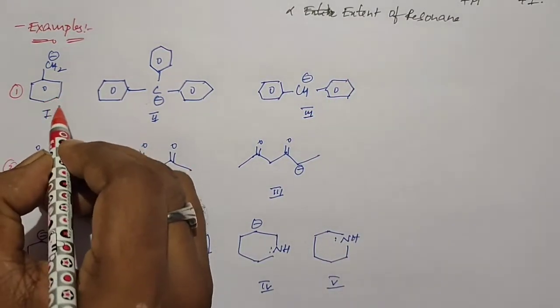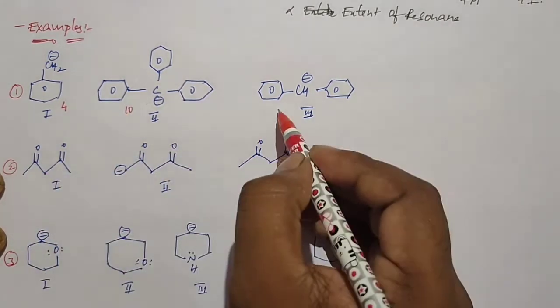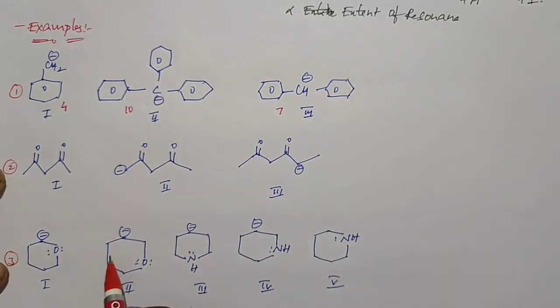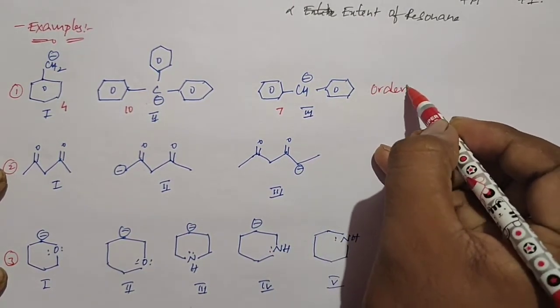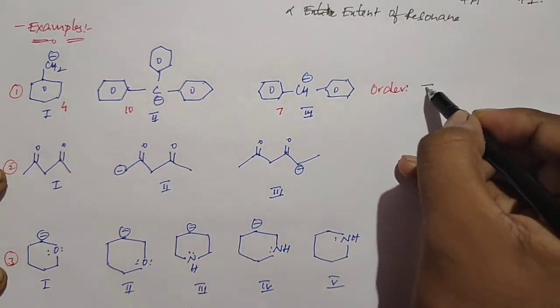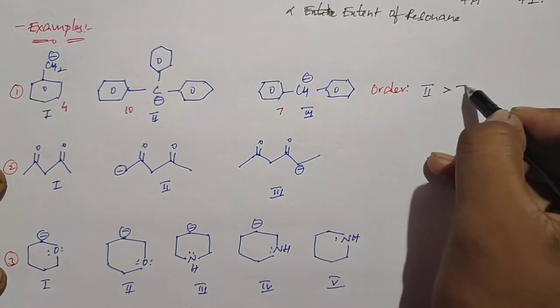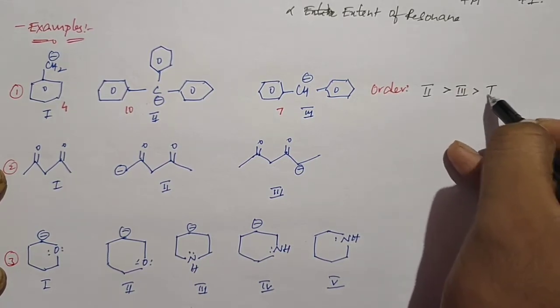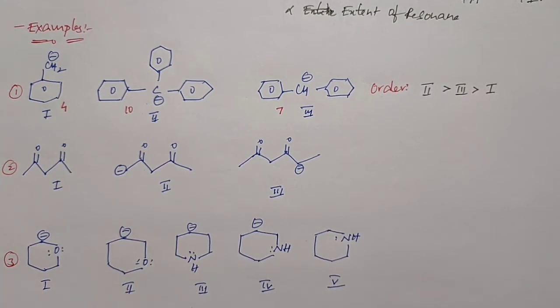Based on this, these compounds can form 4, 10 and 7 resonating structures. Based on that, the order of stability is: the second structure, having more resonating structures, is more stable than the third one, and the first structure is last due to fewer resonating structures. Okay, next we go for the second example.